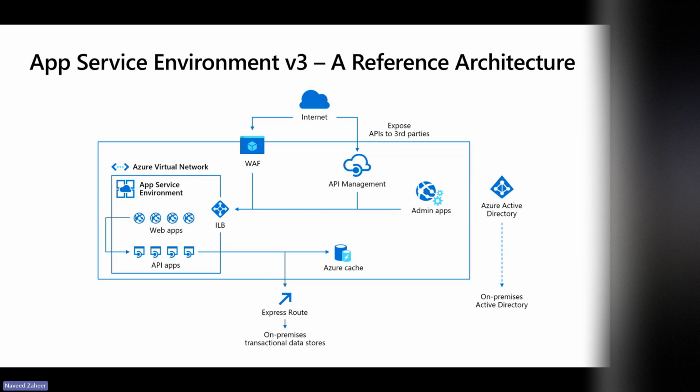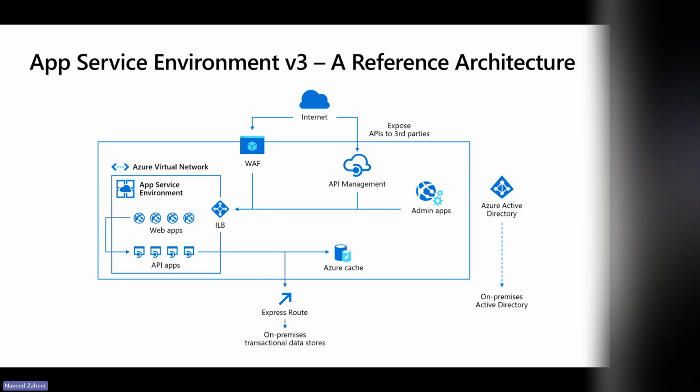There are admin apps that may be running, which are accessing these services running in the ASE. And at some point, the ASE is calling services, may be calling Azure Cache, or it may be accessing on-prem services through ExpressRoute. So that's the beauty of it. Okay, so that's kind of a high-level architecture.